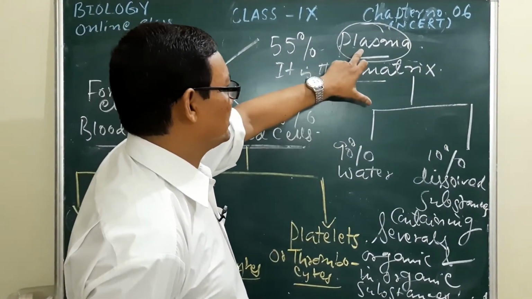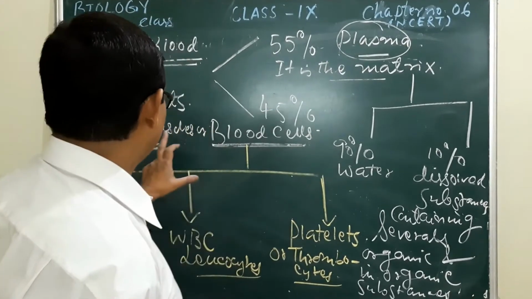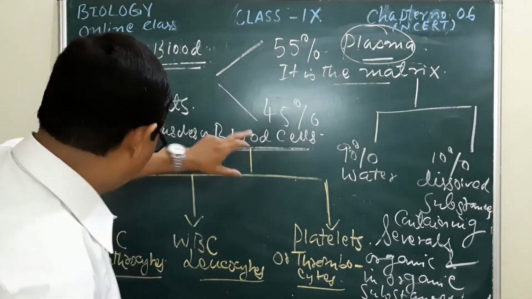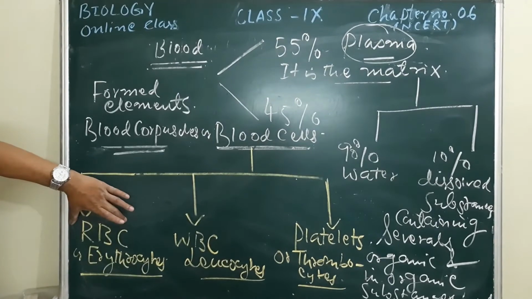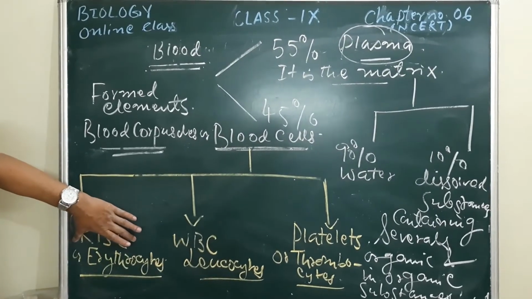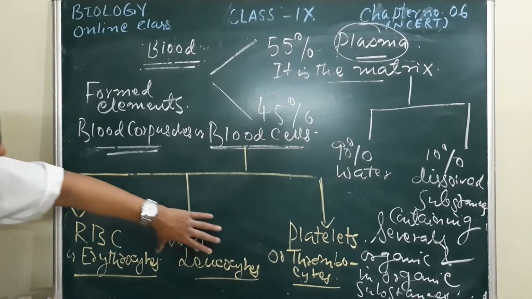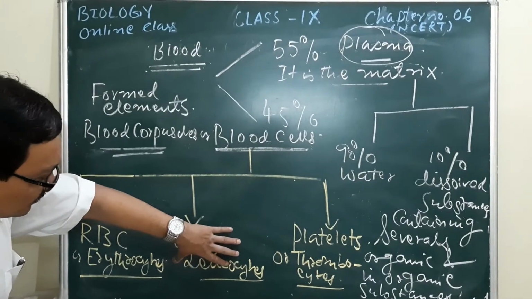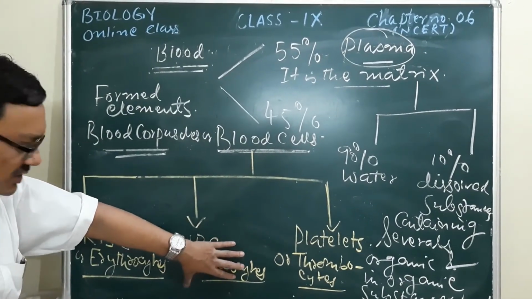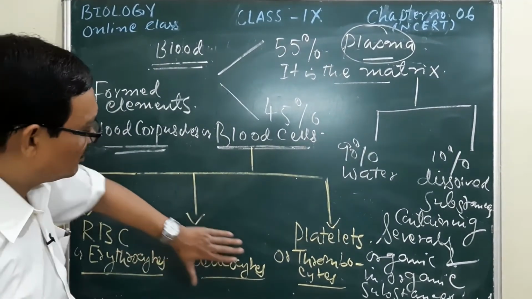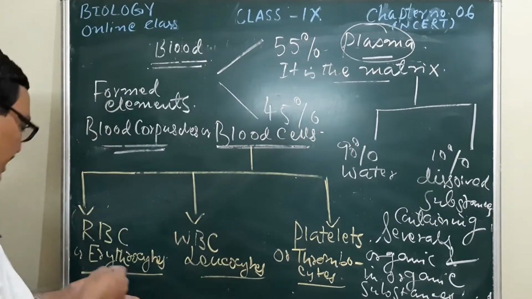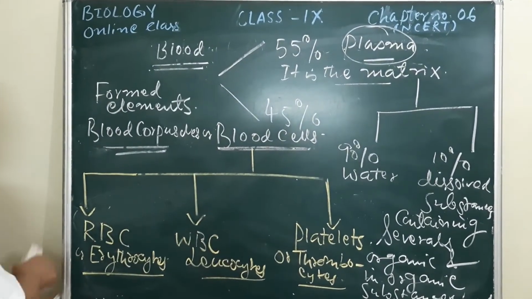So here is the matrix, number 1 plasma, and here are the corpuscles or blood cells. The erythrocytes are related with the transportation process of oxygen. The WBC is related with the defensive process. It has some complications. What are those complications?